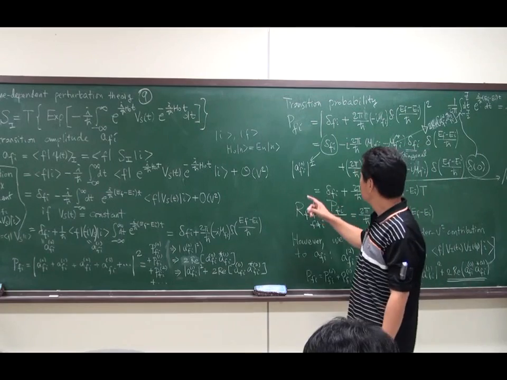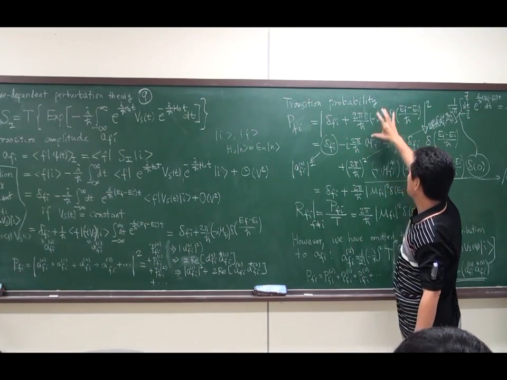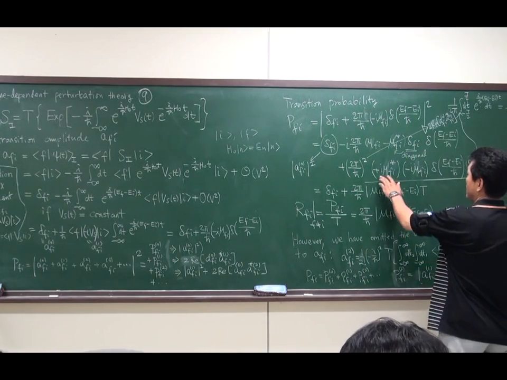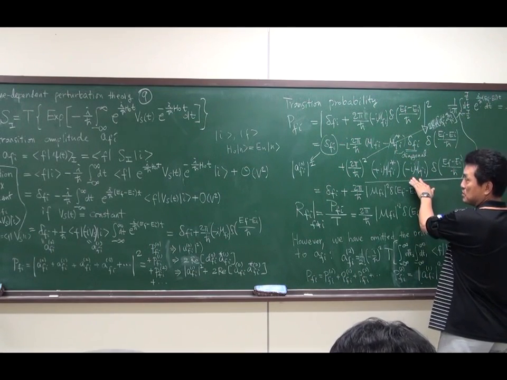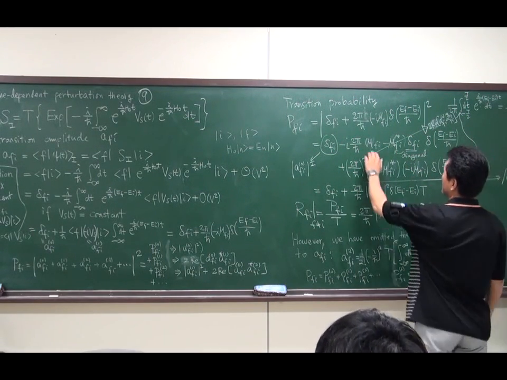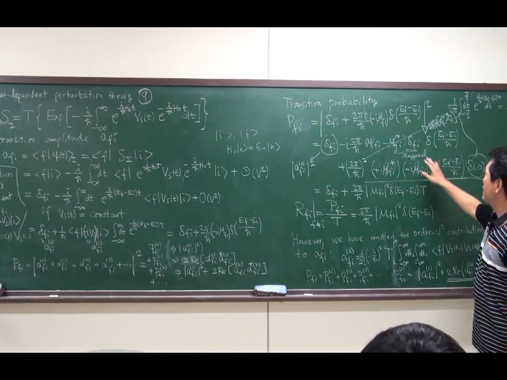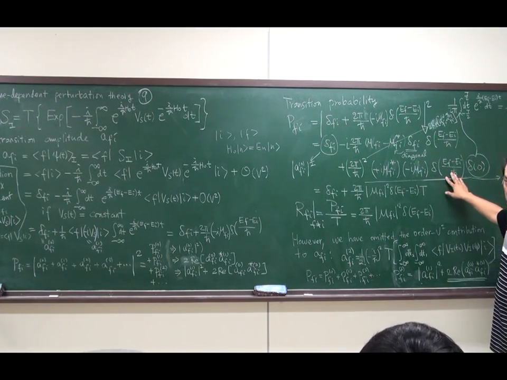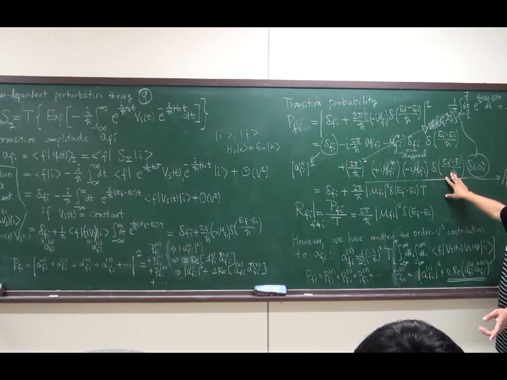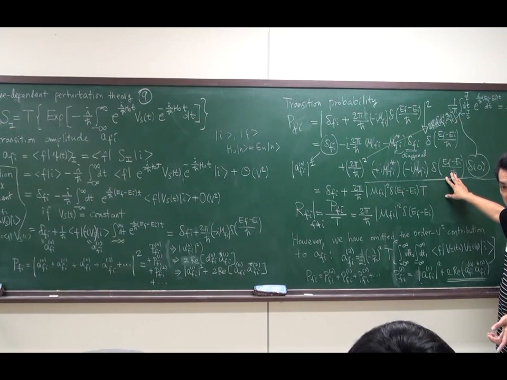Second one, the square of the second one. So I have the absolute value of the transition matrix element squared and a factor 2 pi over h bar squared. And I have a square delta function. In the previous class we have explained it in detail, right?